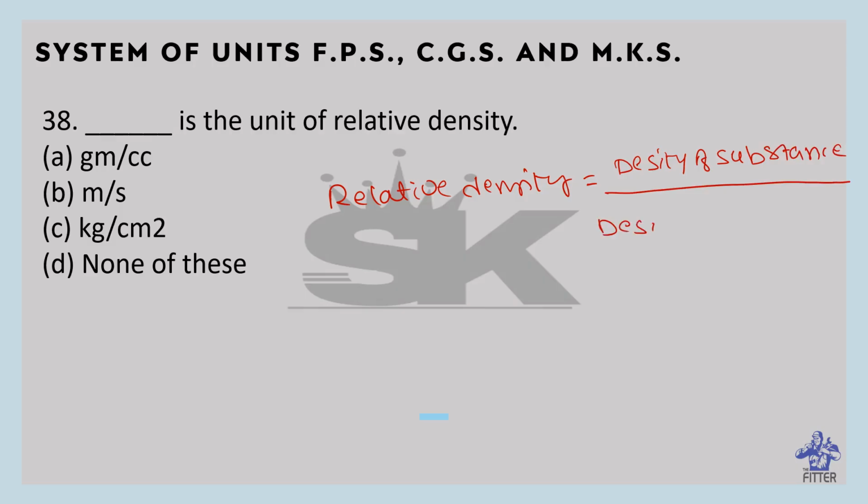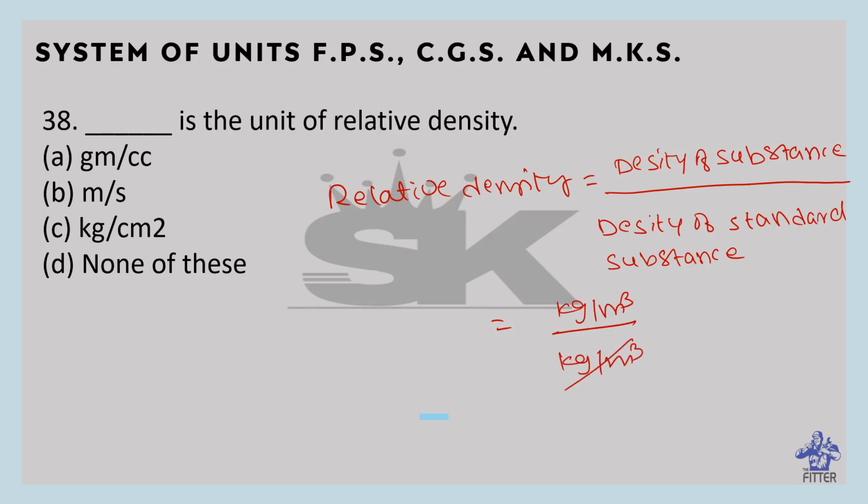So both numerator and denominator have the same units, that is kg per meter cube, right? So it gets cancelled. So there is no unit. Okay, so here the option is none of these.